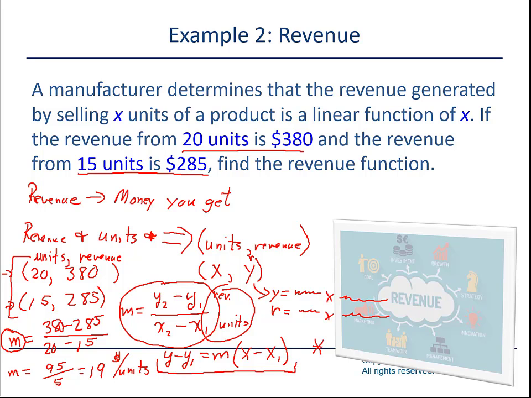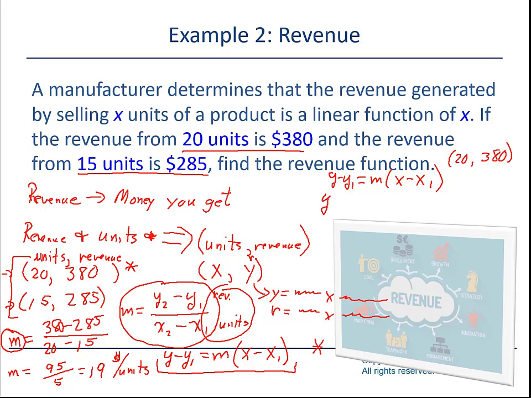So let's suppose we decide we're going to use the first ordered pair and use that for our x sub 1 and y sub 1. So that gives us, rewrite this up here, y minus y sub 1 equals slope times x minus x sub 1, and we'll fill in the blanks with the ordered pair 20, 380. What does that give us?